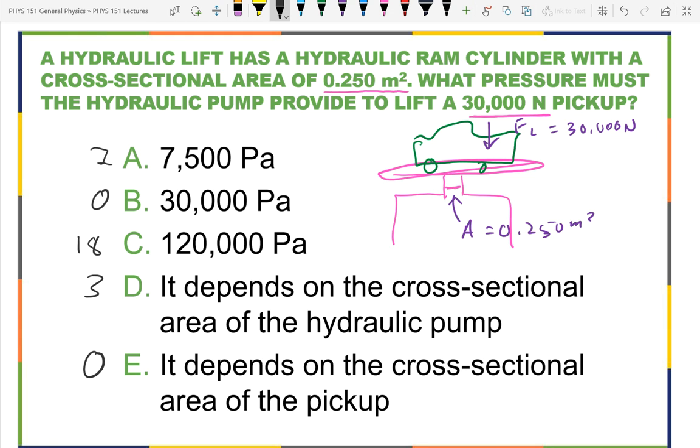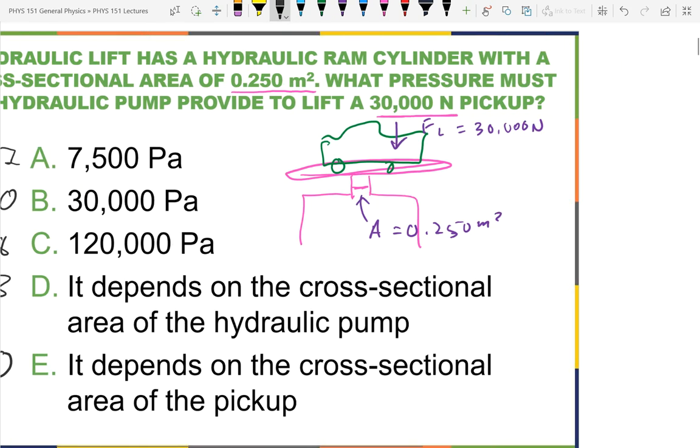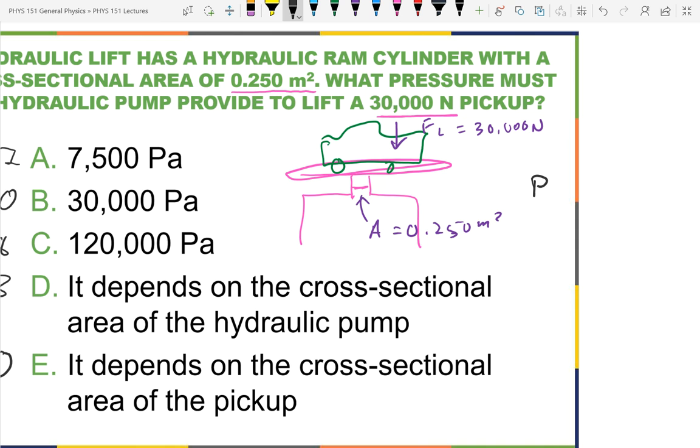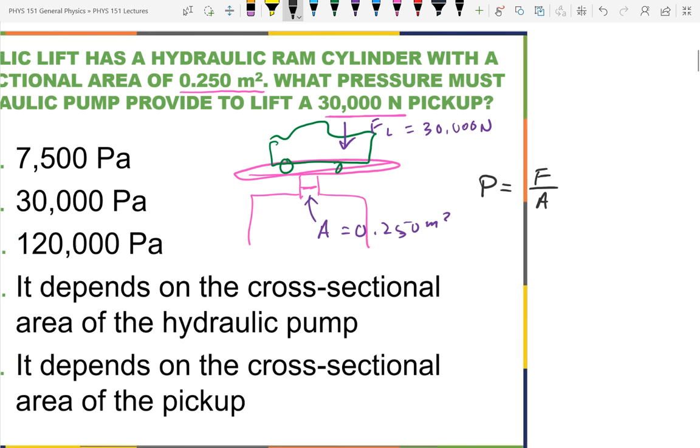We have a pretty clear distinction, so I'm going to go straight to Arlene. Explain how you got your answer. Well, first tell us which one you got. Okay, Arlene got C by simply taking force over area. Pressure is equal to the force divided by the area.